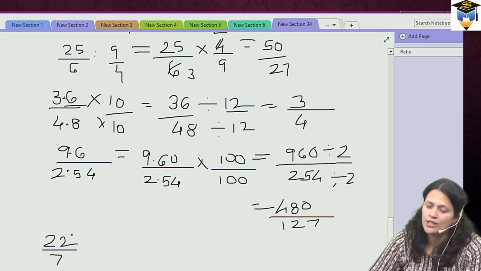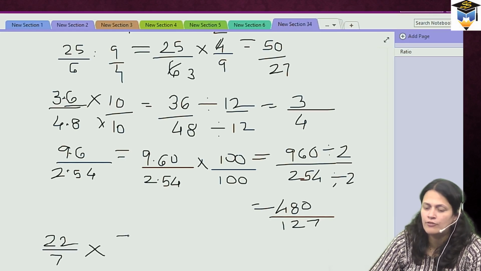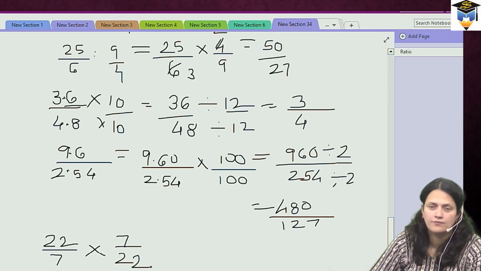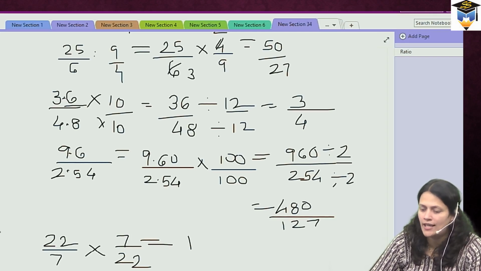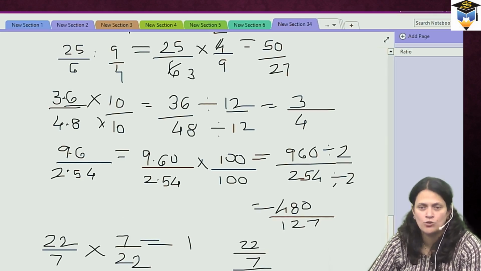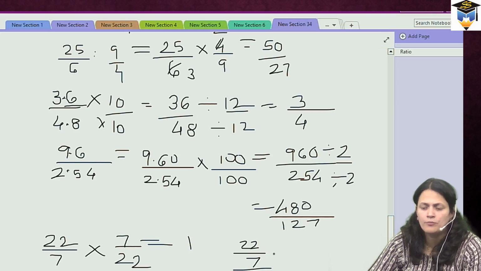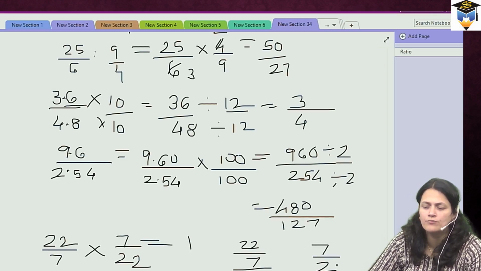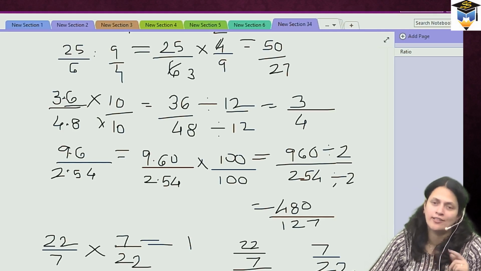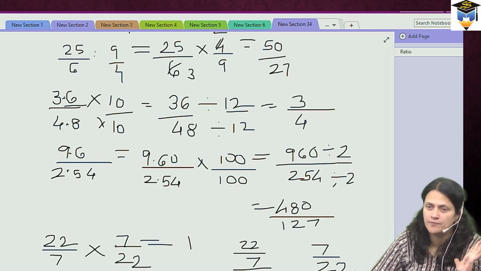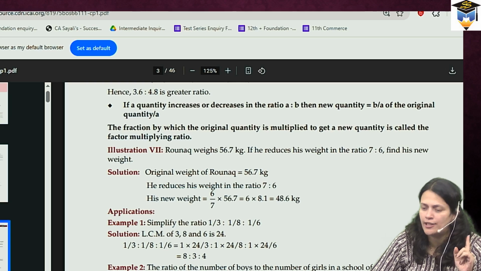Now, if I convert this ratio to its reciprocal, can I say it will give me the answer as 7 upon 22? Is it possible? Only when you multiply it by the reciprocal, you are going to get the value as 1. So the same thing they have explained over here.